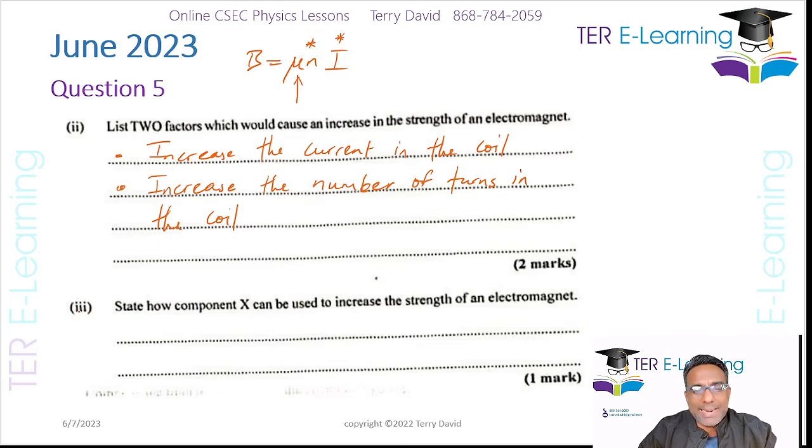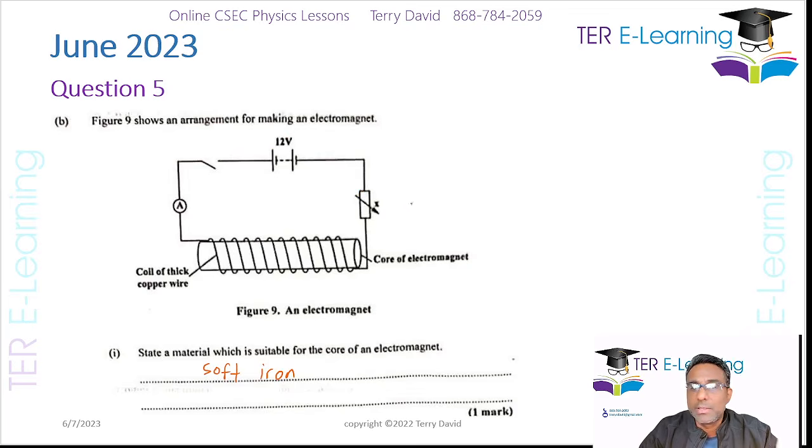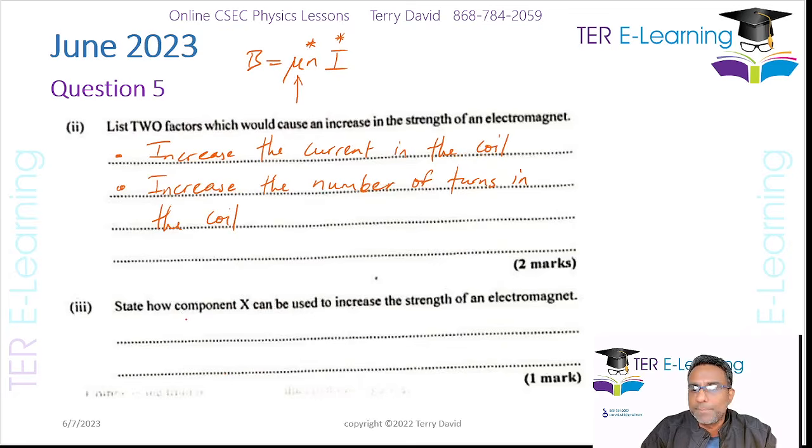State how the component X can be used to increase the strength of the electromagnet. What is X here? Oh, X is the variable resistor. So this here is your variable resistor. How can that increase the strength of the magnet? All you need to do is adjust X to reduce its resistance.